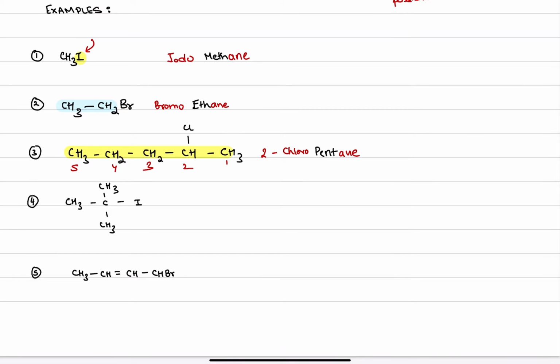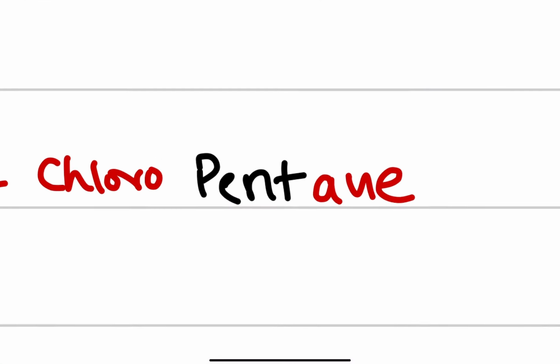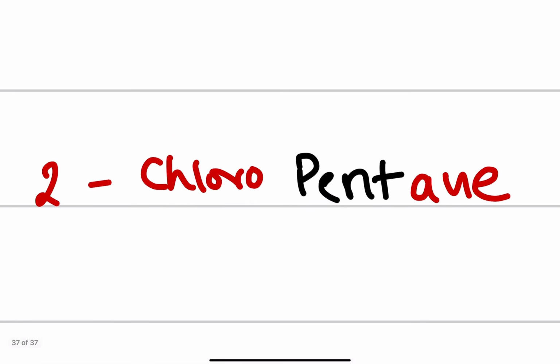There's one thing that I always like to tell people who are doing nomenclature: the actual idea of naming anything is so that if you are only given 2-chloropentane, you can look at it and you know exactly what you're talking about. Your naming should be descriptive enough. It should give enough details to the person reading this name, so that they have an exact idea about what kind of molecule we are talking about.